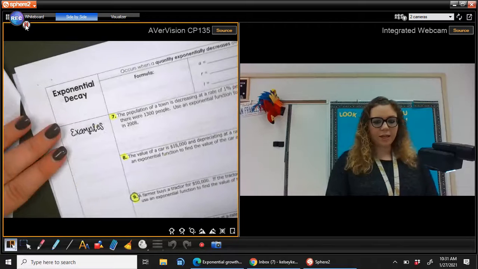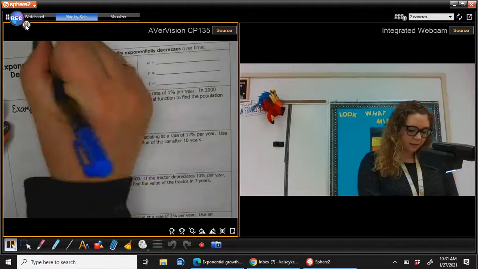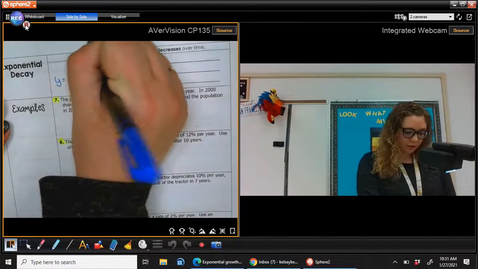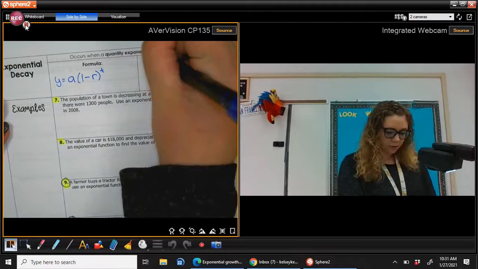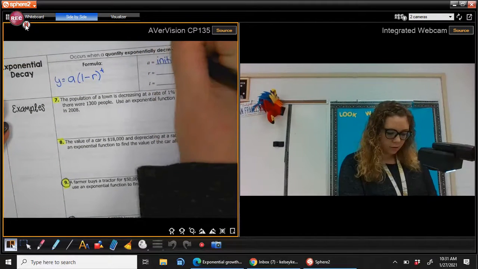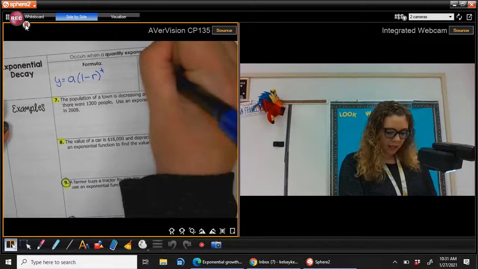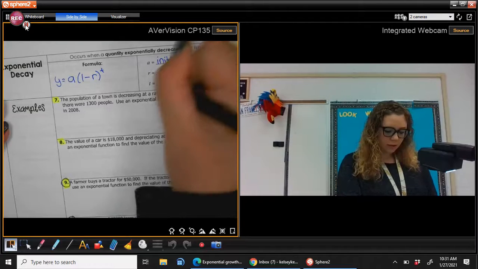Again, same thing as the exponential growth, except you're going to have a minus sign. So it's A(1 minus r)^t. A is still your initial amount. R is your decay rate, so you're going to be decreasing. And t is time.